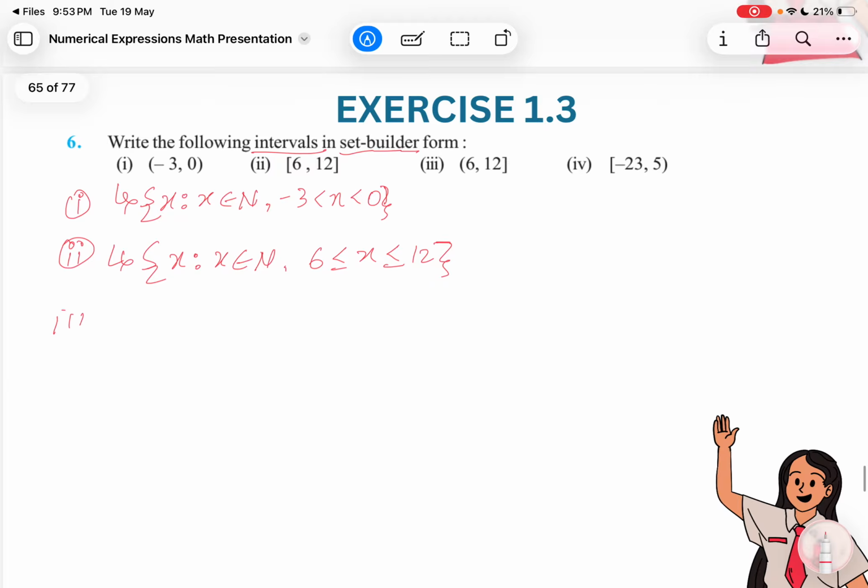Okay, now question number 3, 6 is not included but 12 is included, so again x such that x belongs to natural number and 6 is less than x and x is less than or equal to 12, right?